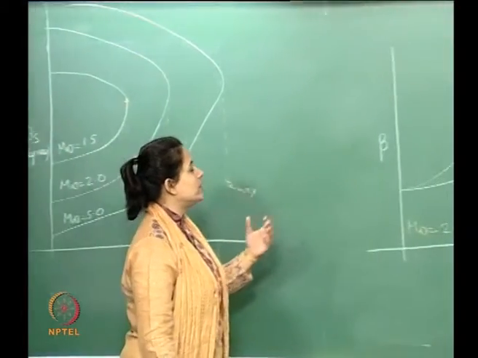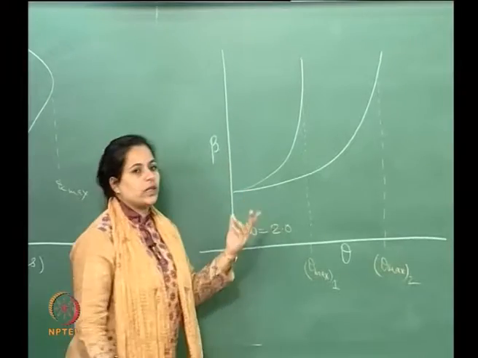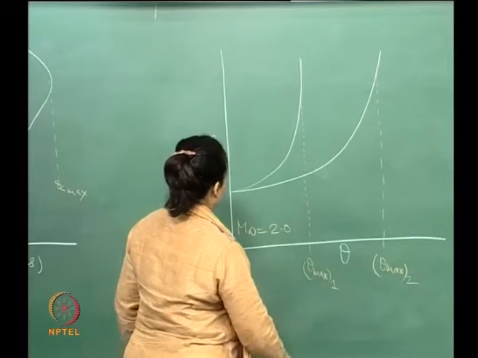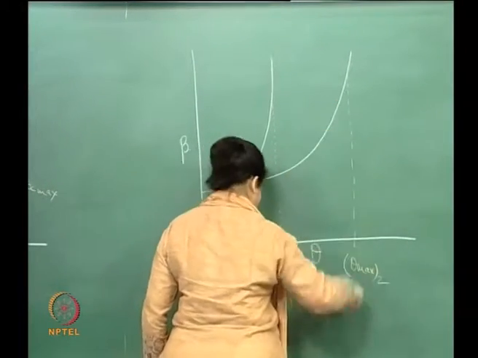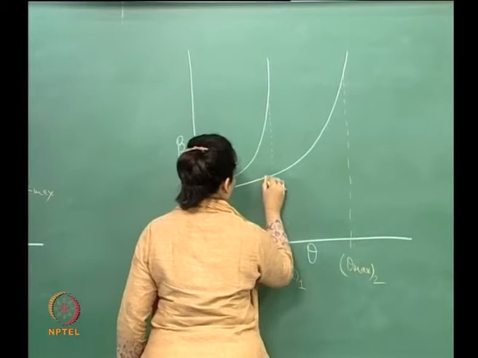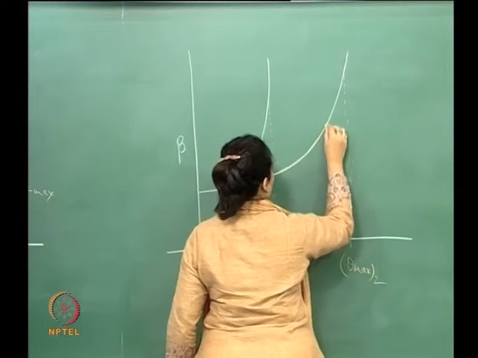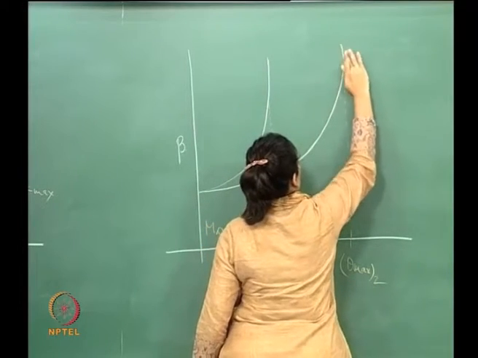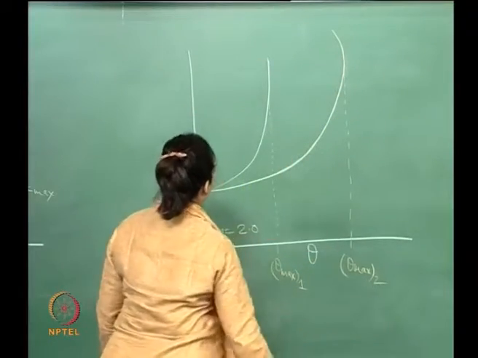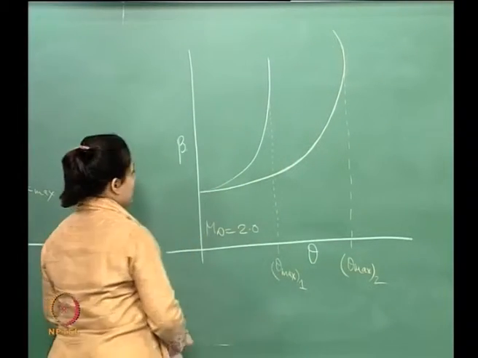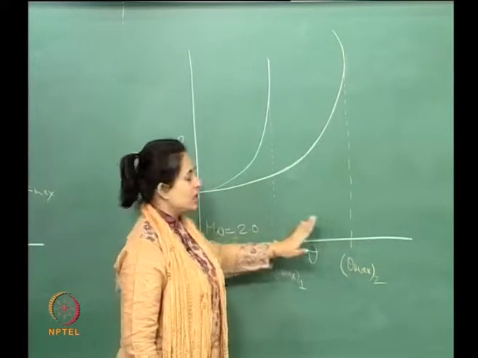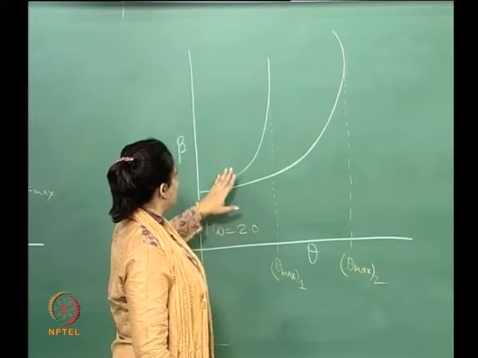So, if you were to look at this diagram here, which would be the cone and which would be the wedge? It is easy to see. What you can see here is that this plot, I am just drawing the half of it, curls up. So, this here has a larger theta max for the same Mach number compared to this one.